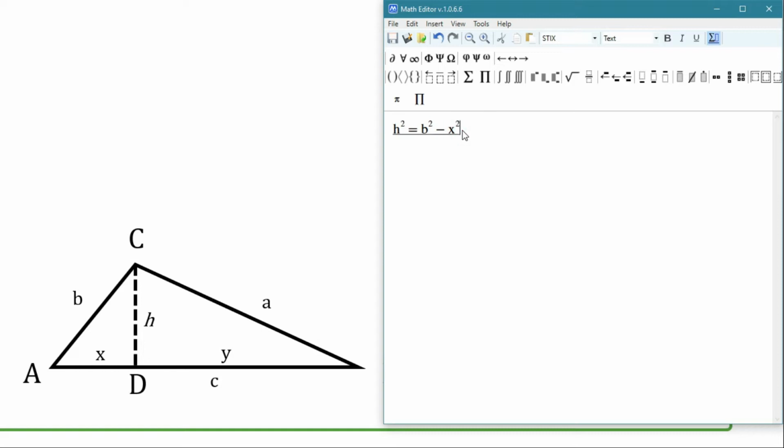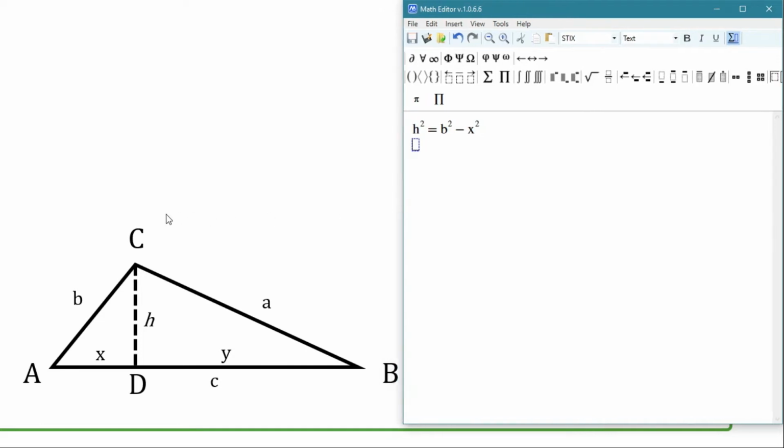Similarly, we can do this to the other right triangle from our original oblique triangle. Let us now consider right triangle CBD. In representing the value of H in terms of A and Y, we have H square equals A square, since A is our hypotenuse, the longest side, minus Y square, since Y is one of the legs of the right triangle.